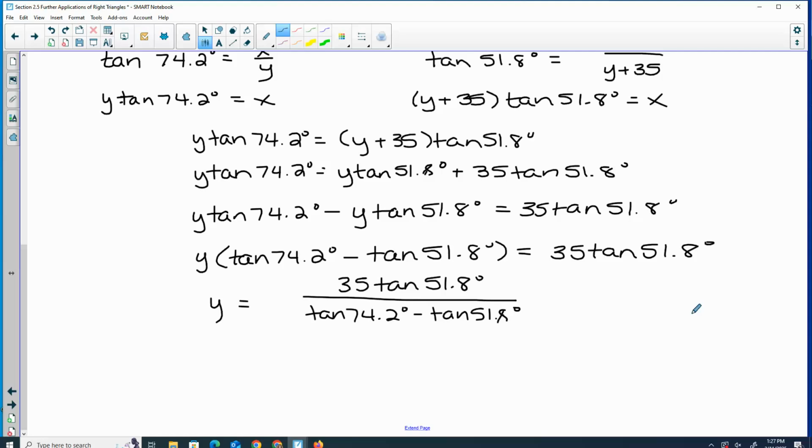Be a little cautious when you plug these in. Every time you push tangent, it opens a parentheses, so you have to close all those. You also need an extra set of parentheses around that entire denominator because it has more than one term.